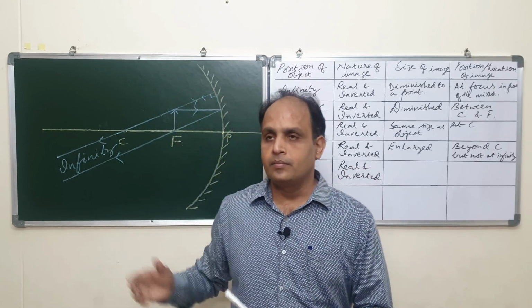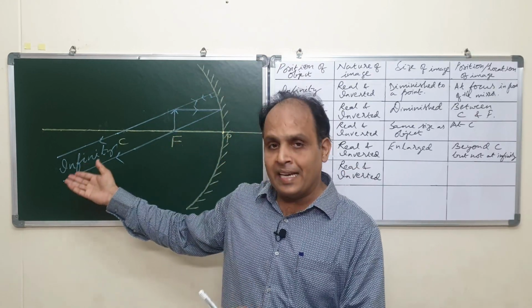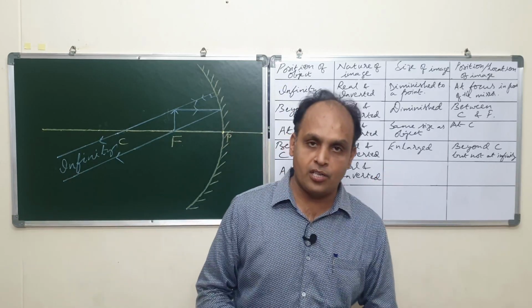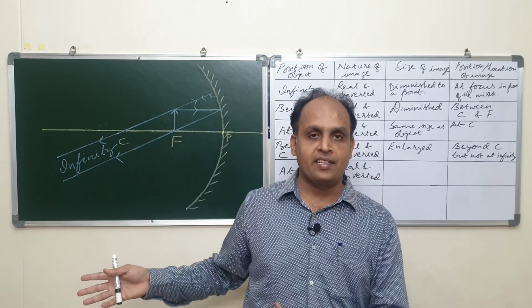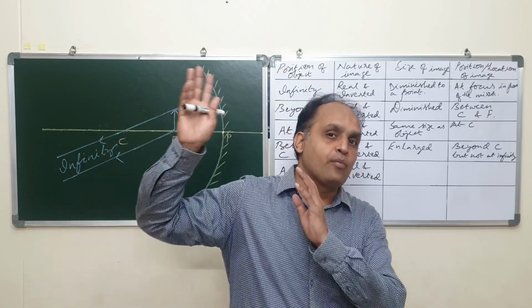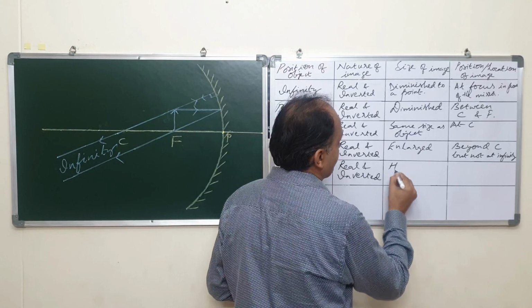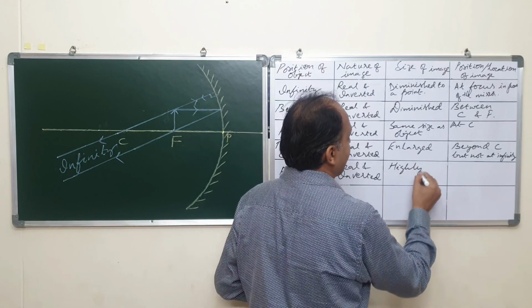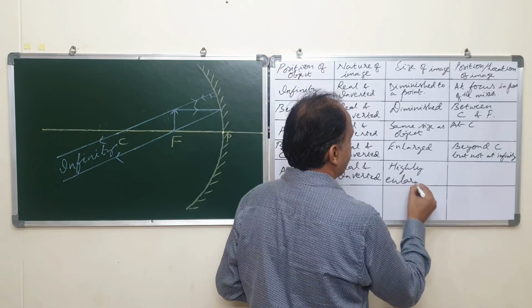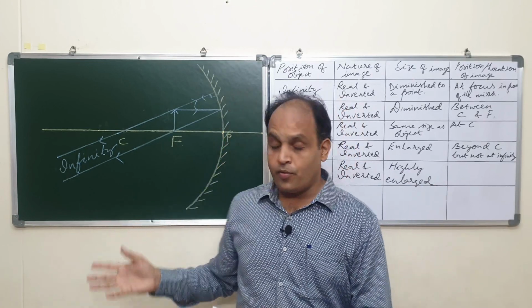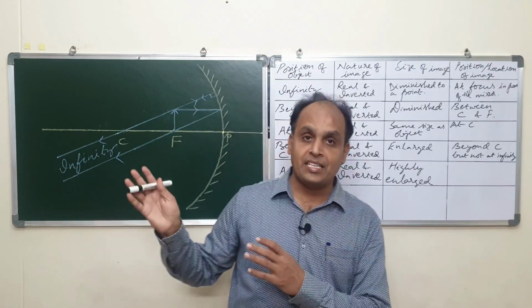The rays of light were meeting earlier in the previous situation at a finite distance and we got the image enlarged. But in this situation, the rays of light are going to meet at a very large distance. So the image formed in this situation would be highly enlarged. Highly enlarged. And where is the image formed? The image is formed at infinity.